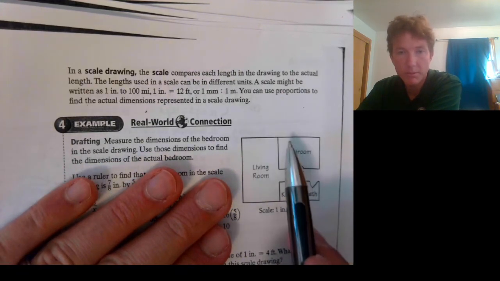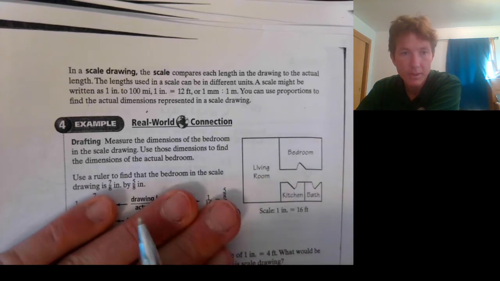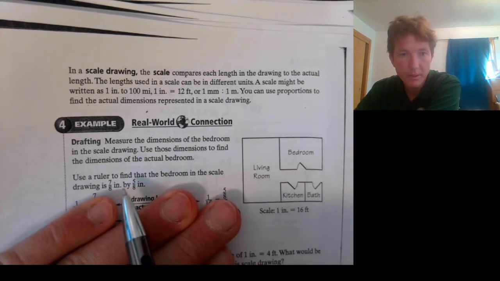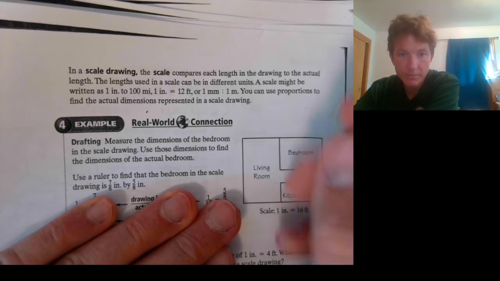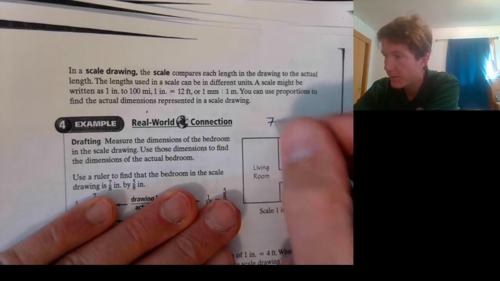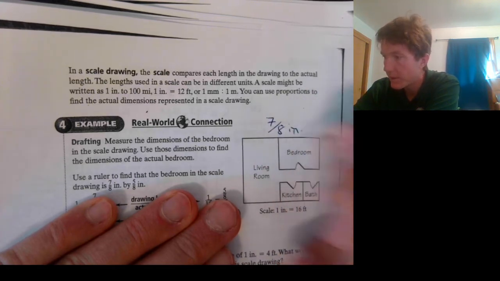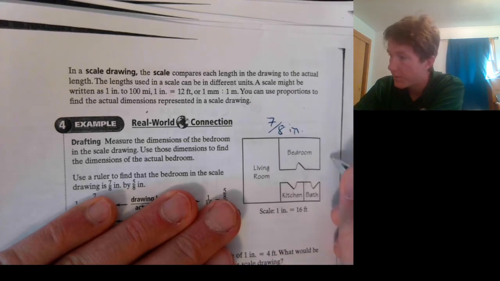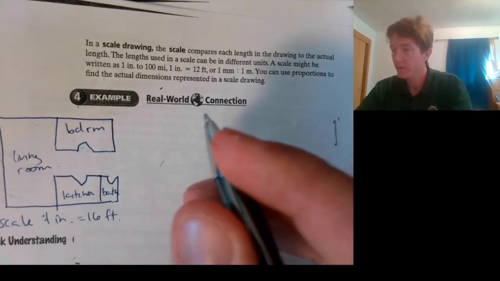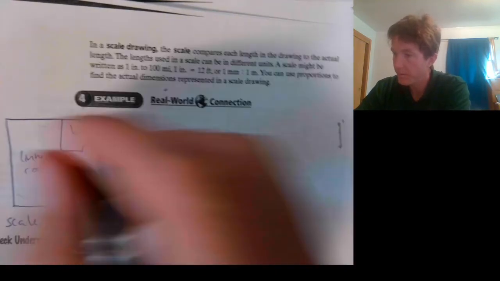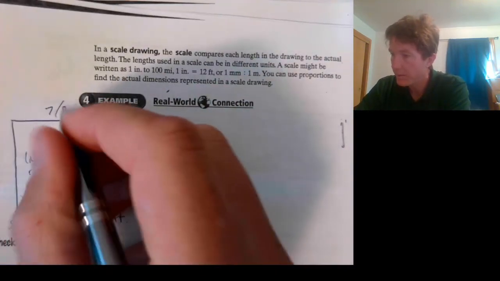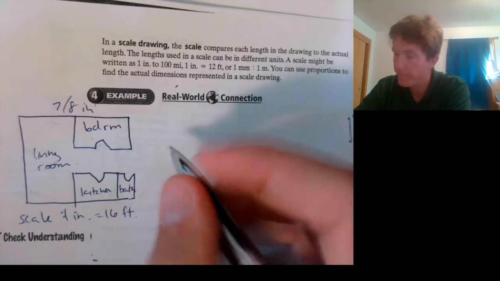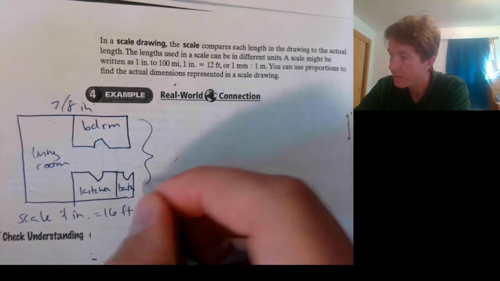If you were to place a ruler on this, they found that the width is 7/8 inches, and the height is 5/8. So this length here was 7/8 inches, and this height here was 5/8.